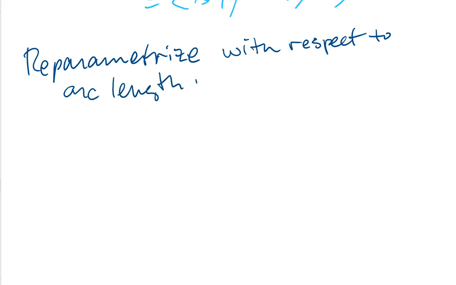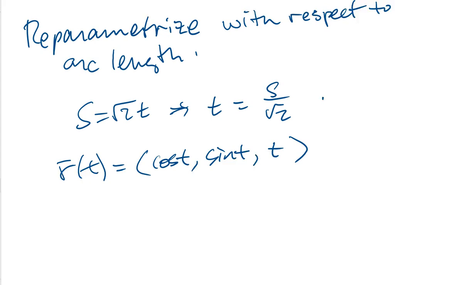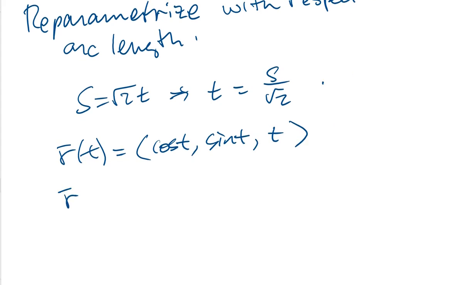So far we have s equals root 2 times t, which implies that t is s over root 2. r of t was cosine t, sine t, and then t, and everything was working great. But if I reparameterize with respect to arc length, then I take this s over root 2 and plug it in for every t.